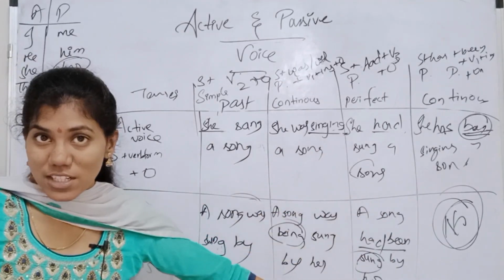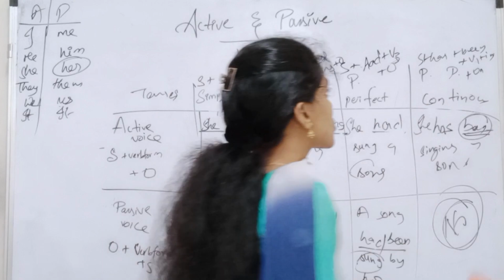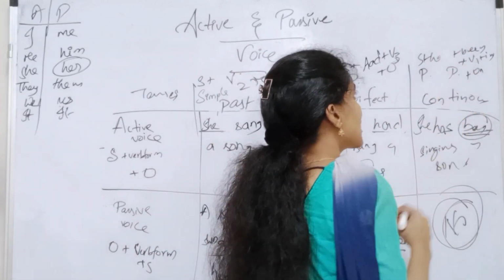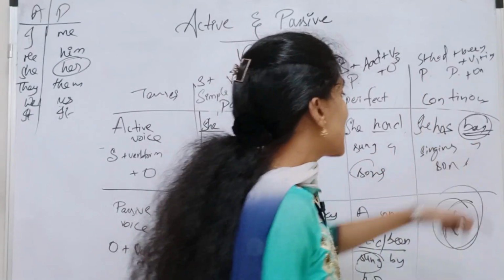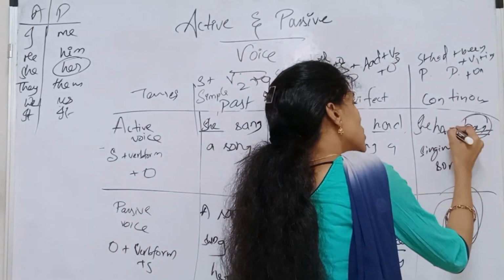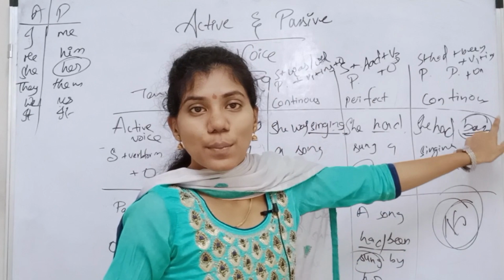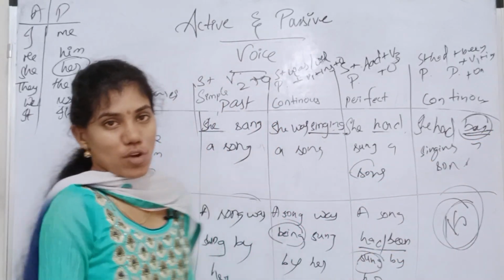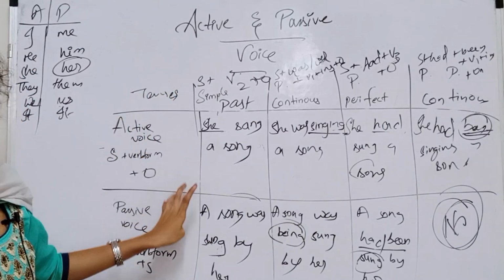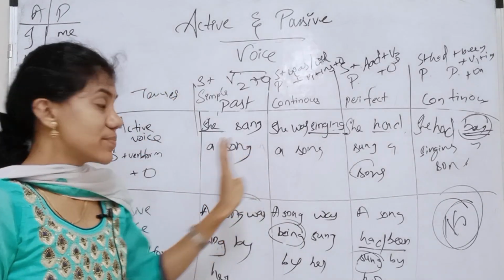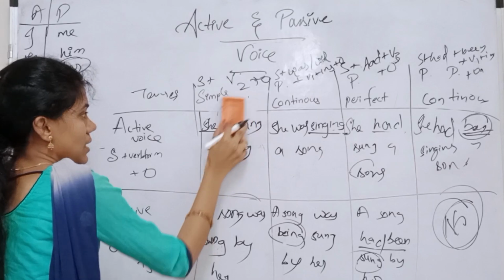Now it is converted. Now coming to past perfect continuous: instead of "has been" in present perfect continuous, you get: she had been singing a song. Anyhow, you know that when "been" comes, there is no passive voice. So this is past tense. Now let us go into the next.